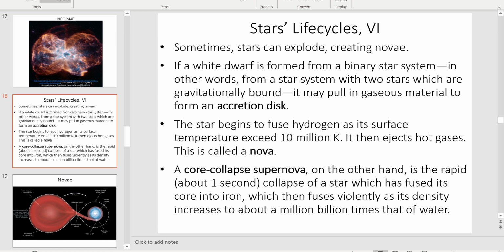The white dwarf, because it has a tremendous density and therefore tremendous gravity, can pull gases from its main sequence partner toward it. This can create an accretion disk. An accretion disk is a disk of gas that's rotating faster and faster around some object that has a large gravitational pull, in this case, a white dwarf.